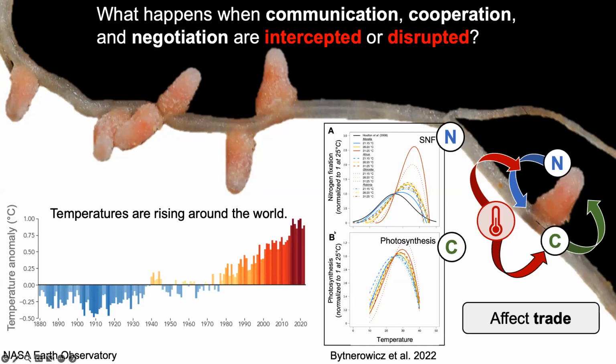What's hard to see on this particular graph is that they're measuring these effects in a bunch of different plant species and across a bunch of different growth temperatures. So what's hard to do on this figure is compare the same species in the same conditions.